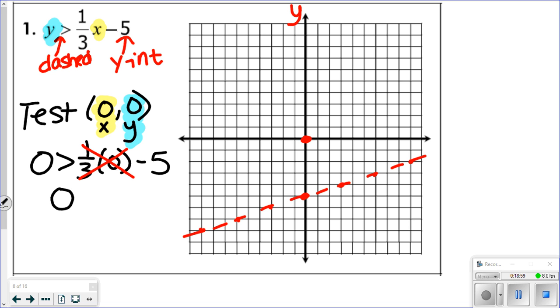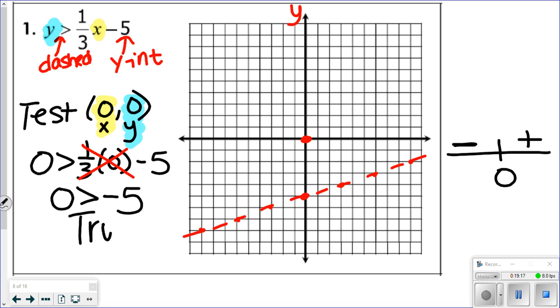Is 0 greater than negative 5? Okay, if you think about your number line, here's 0. These numbers over here are negatives. These ones are positive. So yes, 0 is always going to be greater than negative numbers. So this is a true statement.